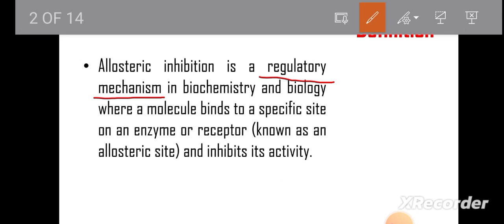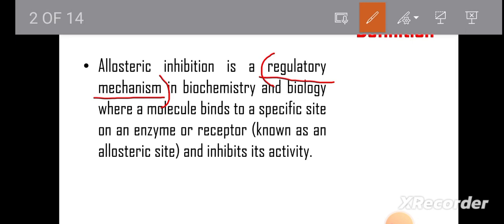To regulate enzyme activity, there is an inbuilt mechanism in every cell called allosteric inhibition that regulates the activity of all the enzymes in the body. You should remember this point very clearly.